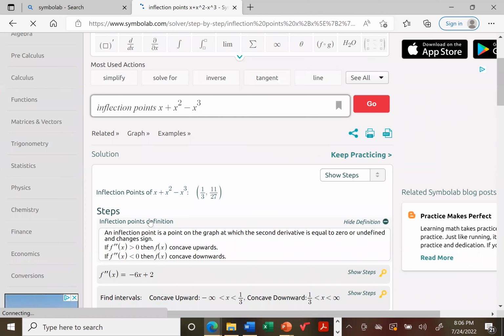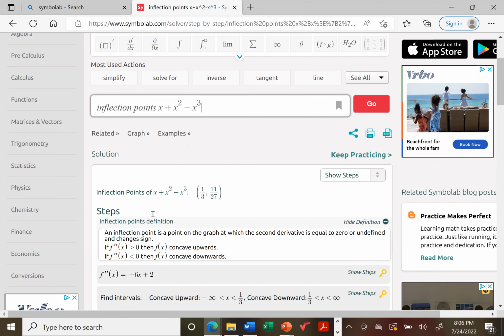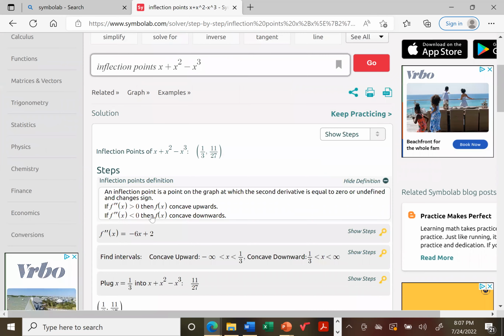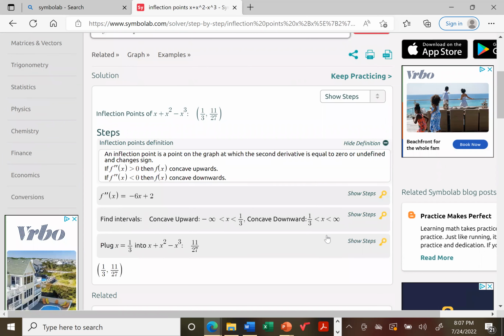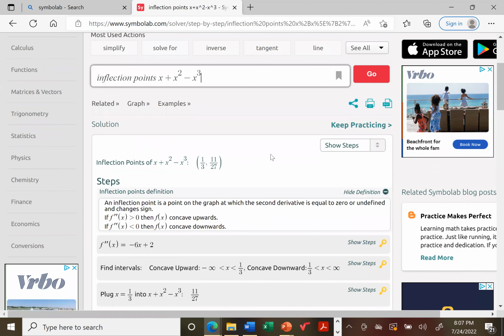Yes. So in other words, what they're trying to remind you is that at this point, the second derivative is 0. Wherever the second derivative is positive, that indicates concave up, and negative is concave down. Okay. So yes, the function is concave up to that inflection point. Afterwards, it's concave down. Okay, so we're done with this one.